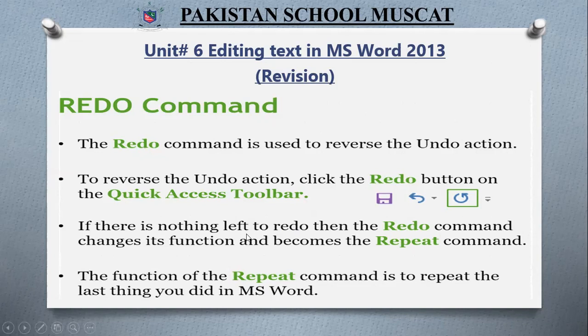If there is nothing left to redo, then the redo command changes its function and becomes the repeat command. Keep this in your mind, my children. The function of the repeat command is to repeat the last thing you did in MS Word. So now I hope the undo and redo commands are clear to you.